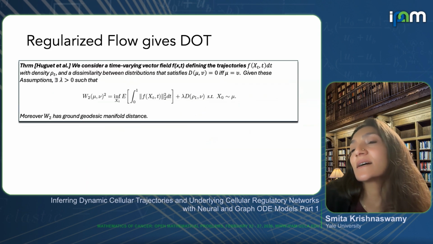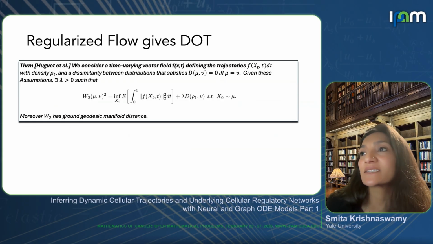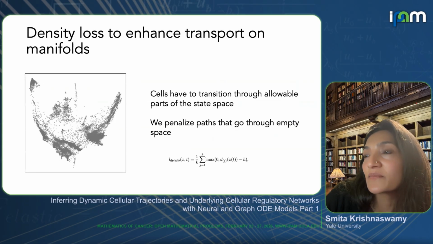And in our manuscript, we do show that once we do this at convergence, if the magnitude of the derivative is indeed small, then we match the definition of what's called dynamic optimal transport, which was developed in 2000 by Brenier and Benamou, and we have this geodesic manifold ground distance.